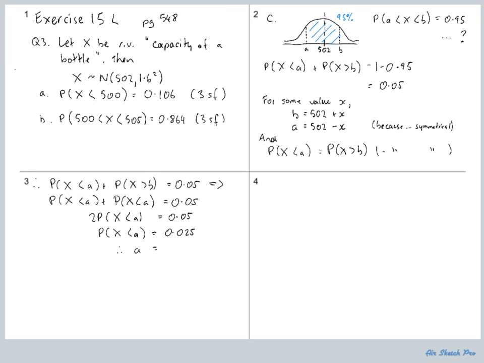The area is 0.025. The mean is 502, and the standard deviation is equal to, what was it, 1.6? Sorry, you can't see this on the screen. I've been trying to get the software, but it's not working for me. So that's given me a value of 499 to 3 significant figures.